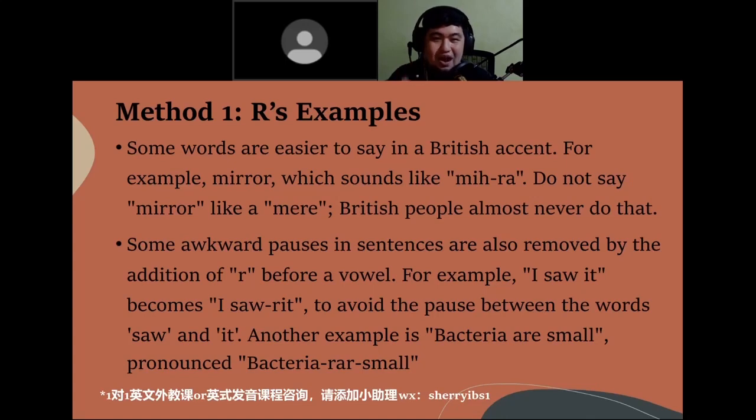So the R is connecting saw and it, to avoid the pause between the words saw and it. Another example is bacteria are small. Bacteria are small. Because, as I've mentioned earlier, there are some ways of how they pronounce their words and expressions and phrases and sentences.